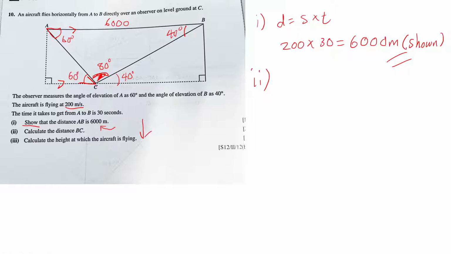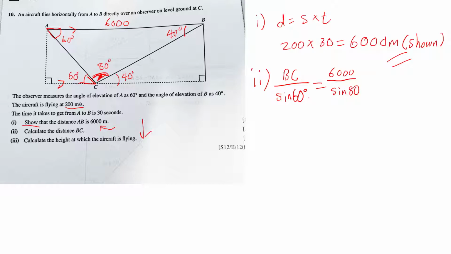So if we want to find the length of BC, we can simply use the sine rule. So BC over the opposite angle is 60. So sine 60. Remember, your sine always goes with the angle. Sine doesn't go with length. Sine is a function for angle. We know that AB is 6,000 over the angle opposite AB, which is sine 80.